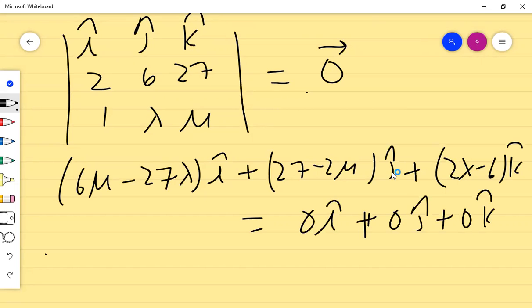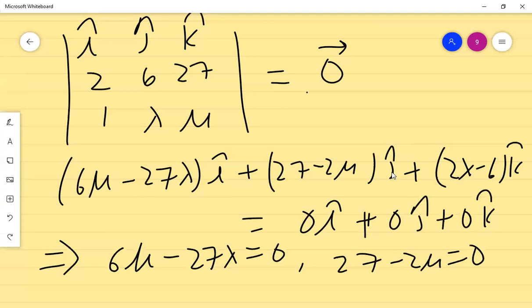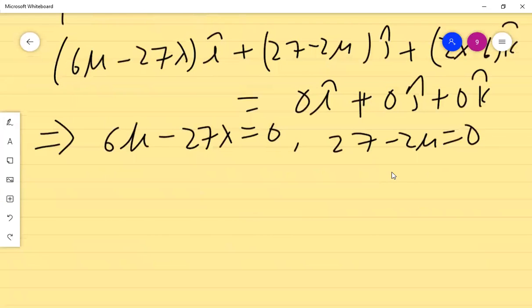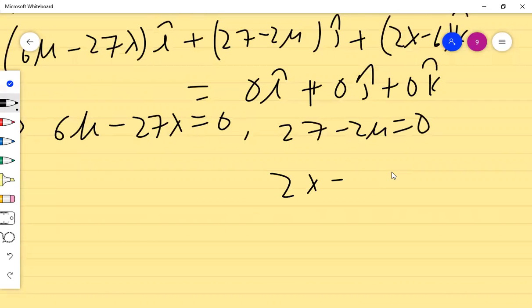So simply equating, 6 mu minus 27 lambda equals 0, 27 minus 2 mu equals 0, and 2 lambda minus 6 equals 0.